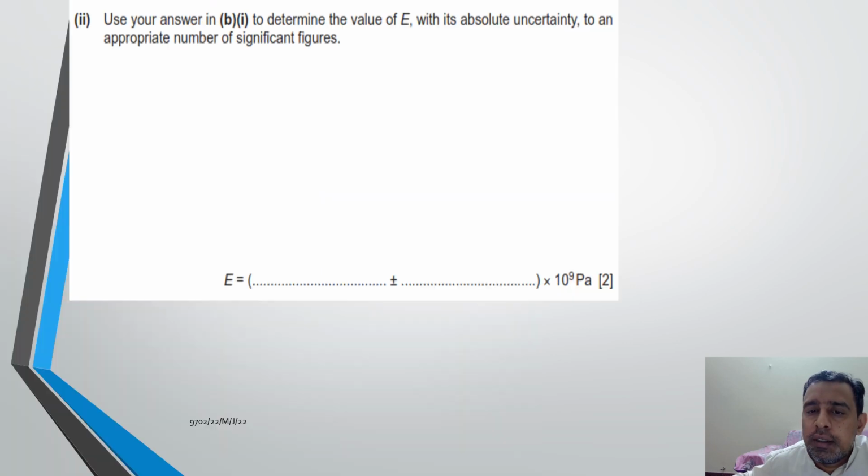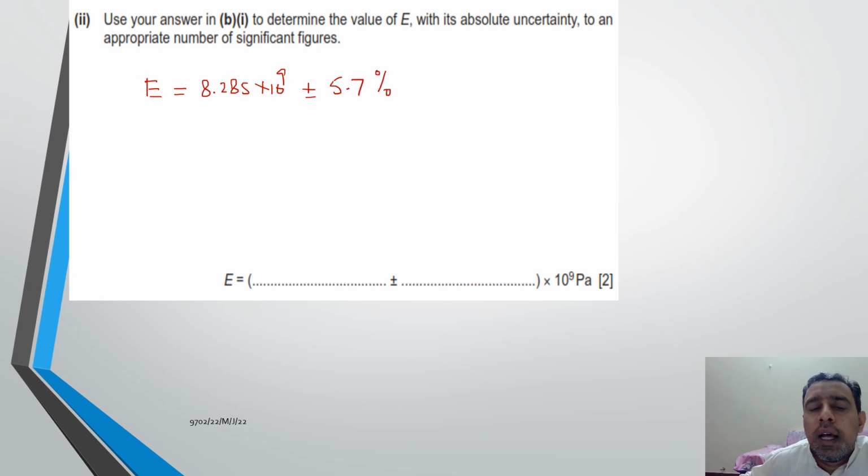In the next part, you know that the actual value of E is given in the question. This value is 8.285 into 10 to the power 9 and the percentage uncertainty is 5.7%.